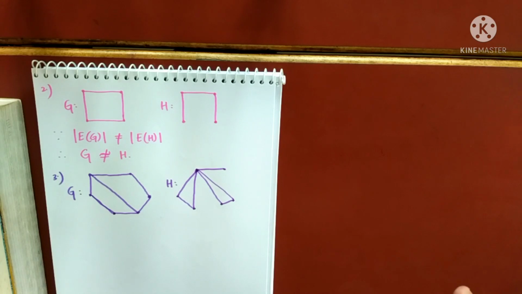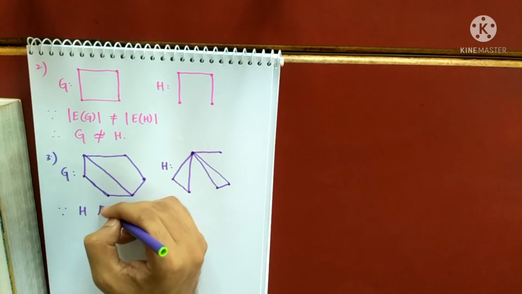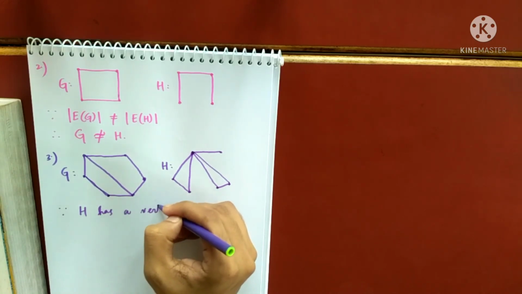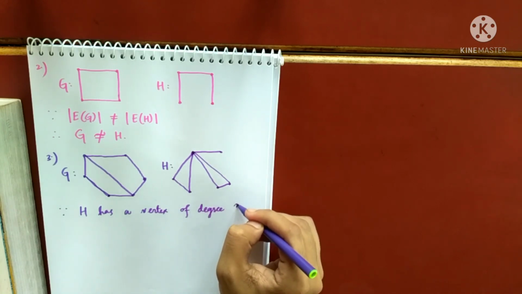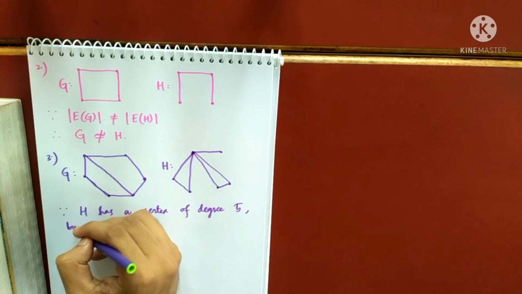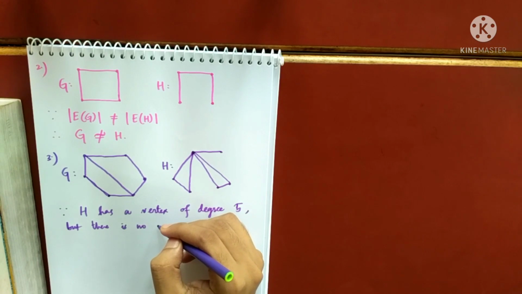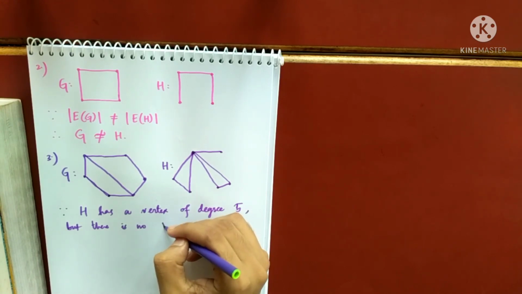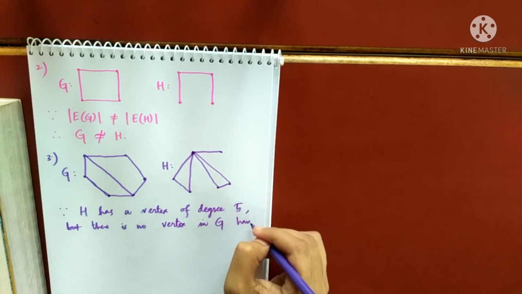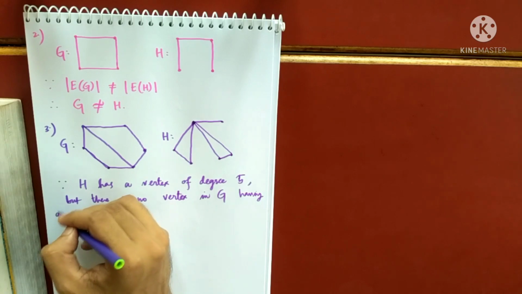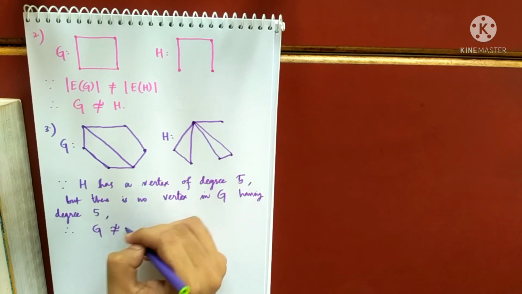So I'll write: since H has a vertex of degree 5, but there is no vertex in G having degree 5, therefore G and H cannot be isomorphic.